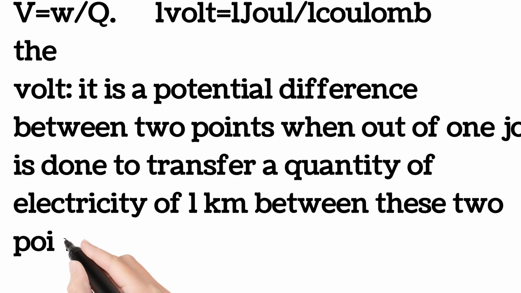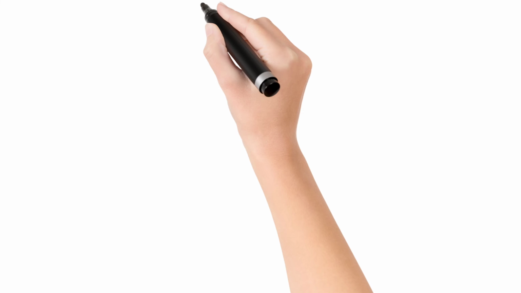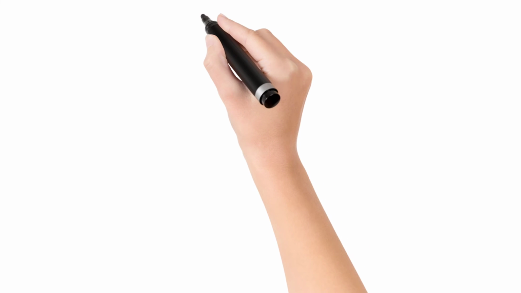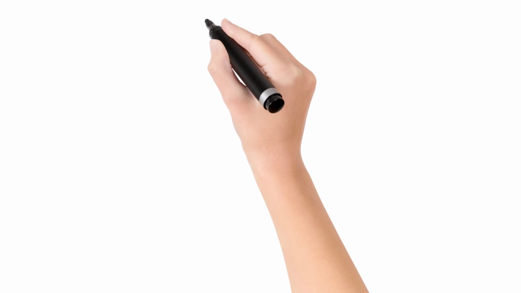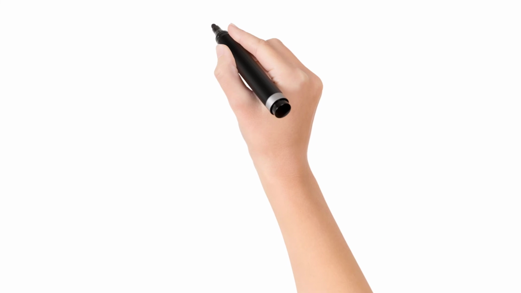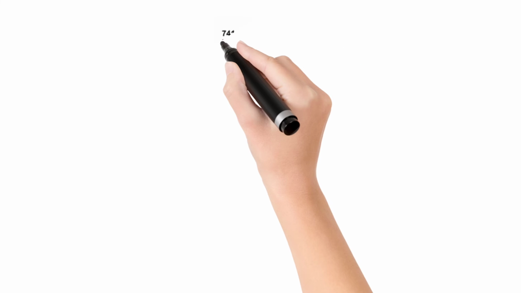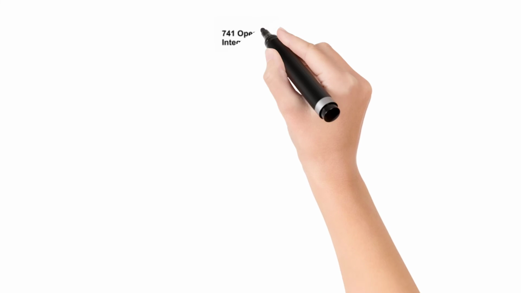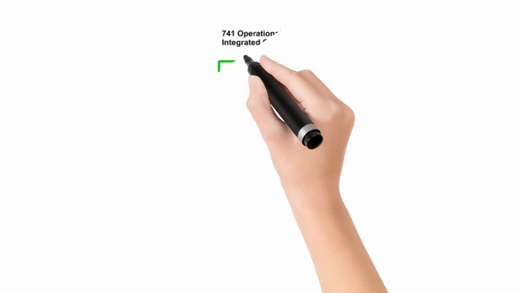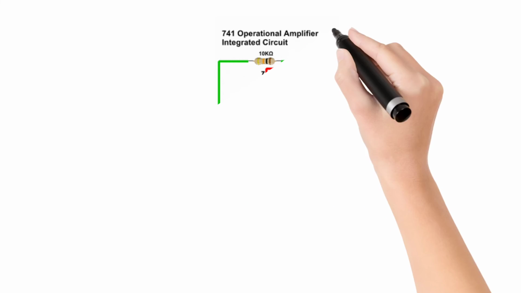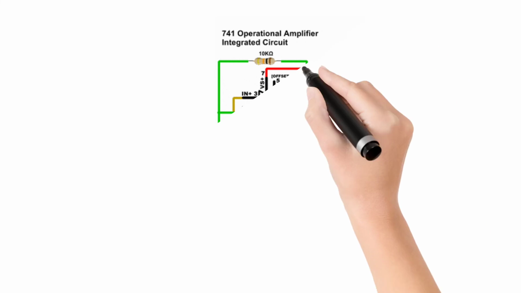That means that the work done to transfer a charge of 1 coulomb between the ends of the conductor equals 25 joules. The electric potential difference between 2 points is measured using a device called a voltmeter, which is connected in parallel in the electric circuit.